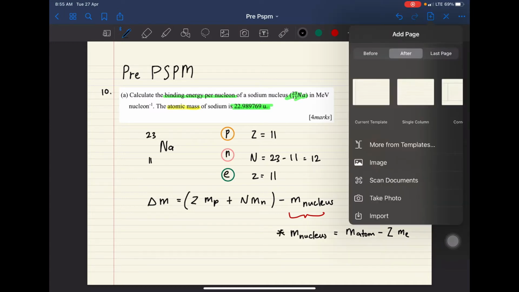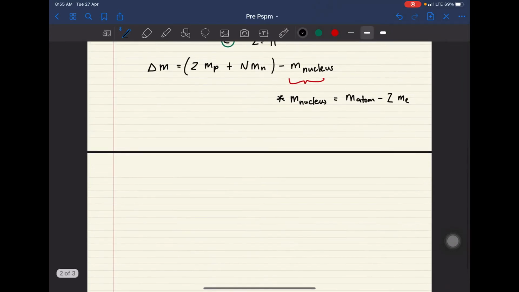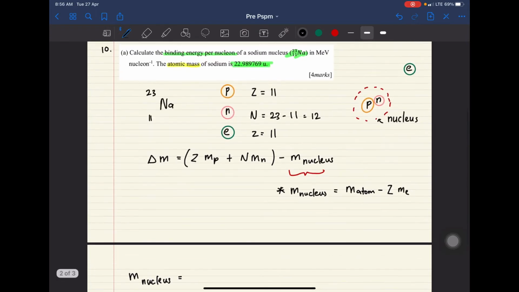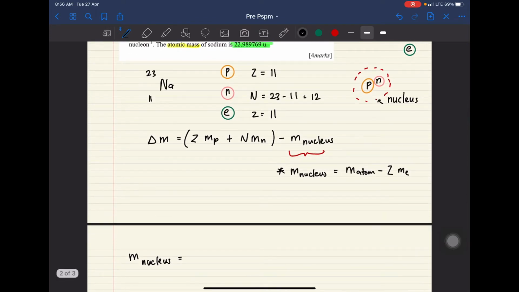I'm going to do this on the next page. So mass of nucleus is 22.989769, the mass of the atom, minus the number of electrons multiplied by the mass of electron.